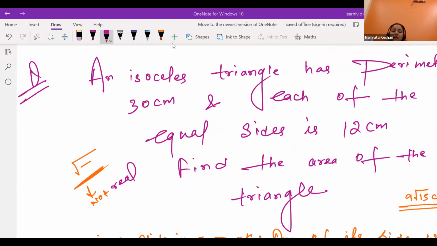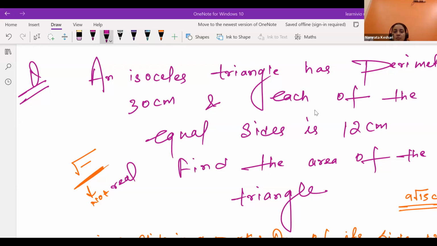I'm sure, ma'am, I'm not. At least you have to be truthful to yourself. Here there is no complex multiplication. It's really simple. Sarah, are you getting 9 root 15 centimeter square in the first one? Yes, ma'am.